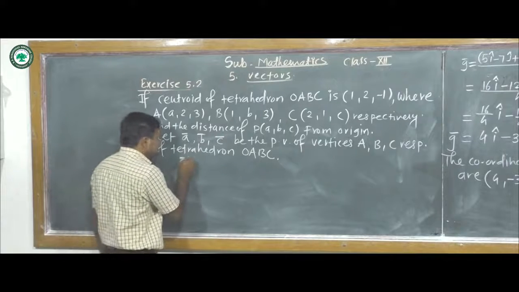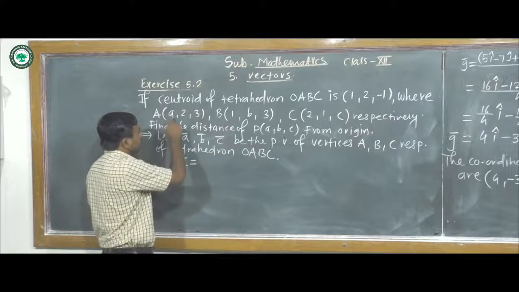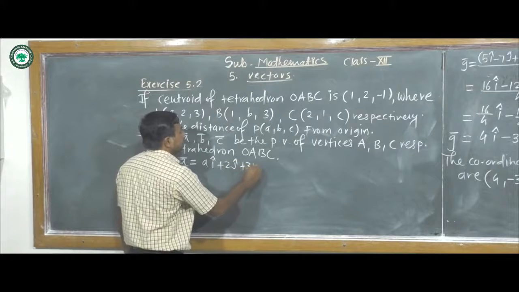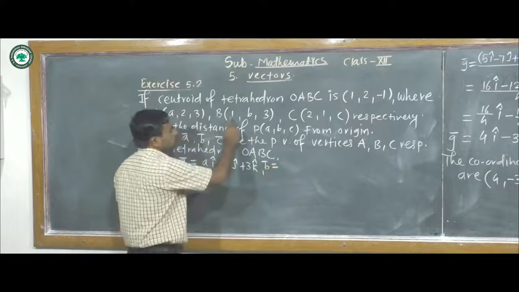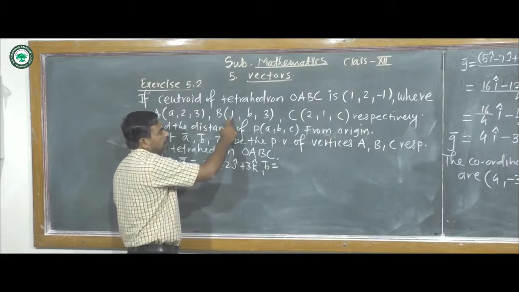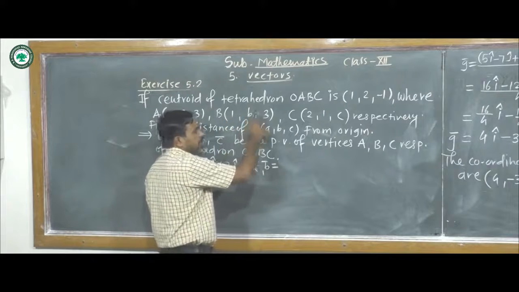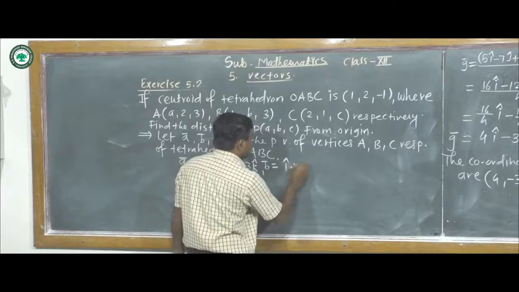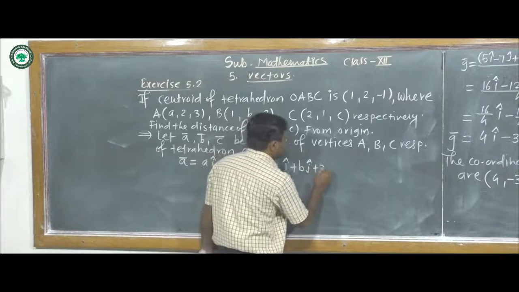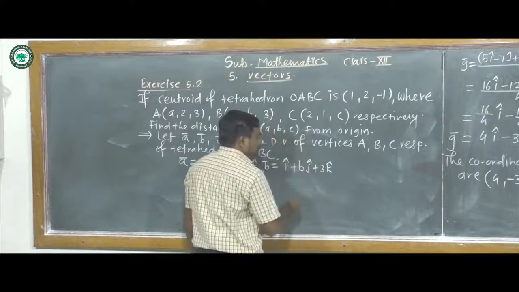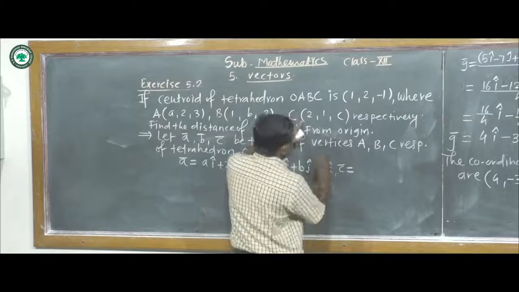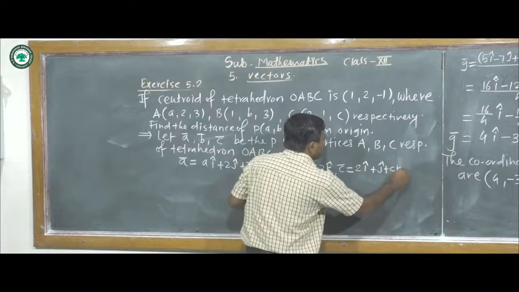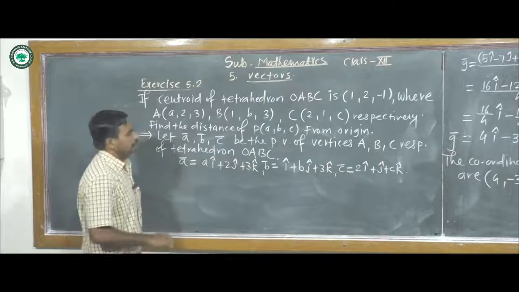So here small a bar is equal to, see the point A has coordinates, a i cap plus 2j cap plus 3k cap. Small b bar is equal to, see point B is here 1, so 1 into i cap plus b into j cap plus 3k cap. So small b bar is i cap plus b j cap plus 3k cap. Also c bar is equal to, see point C is here 2i cap plus j cap plus small c into k cap. So these are a bar, b bar, c bar.